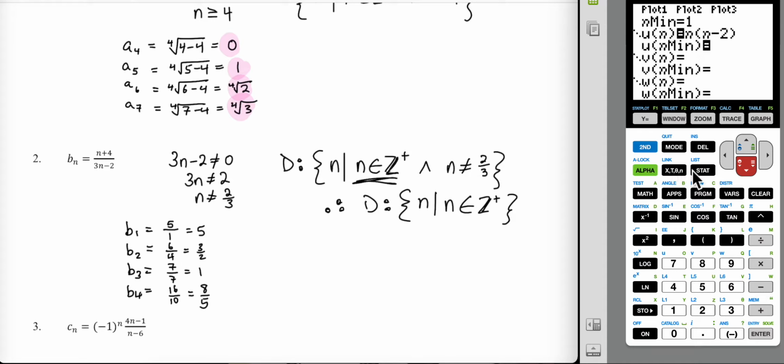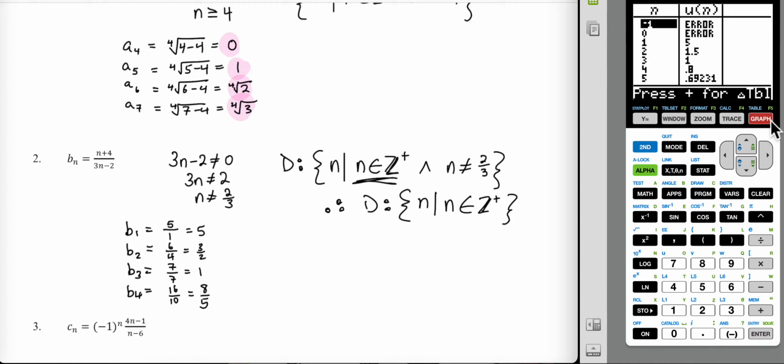So I'm going to type in n plus 4, divided by 3n minus 2. And then I'll go into the table, and you see that the entries are 5, 1.5, which is 3/2, a 1, and an 8/5. All right, so 8/5. Okay, so I definitely screwed that up.